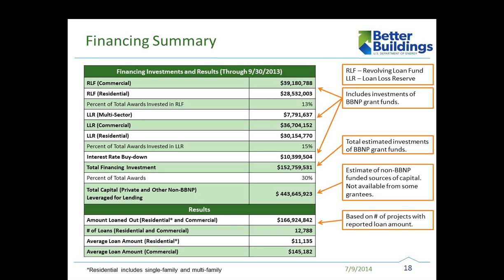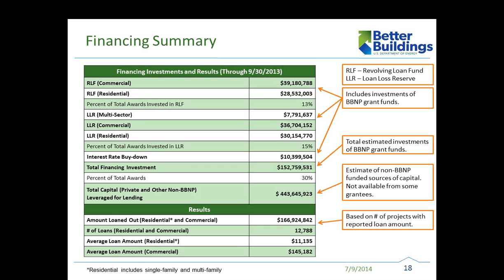So this table shows the total investment across all the grantees in revolving loan funds, both commercial and residential, loan loss reserves, as well as interest rate buy-down. About 30% of the total award amount, so that's the $508 million, about 30% of that went to these types of investments to leverage financing or provide financing.